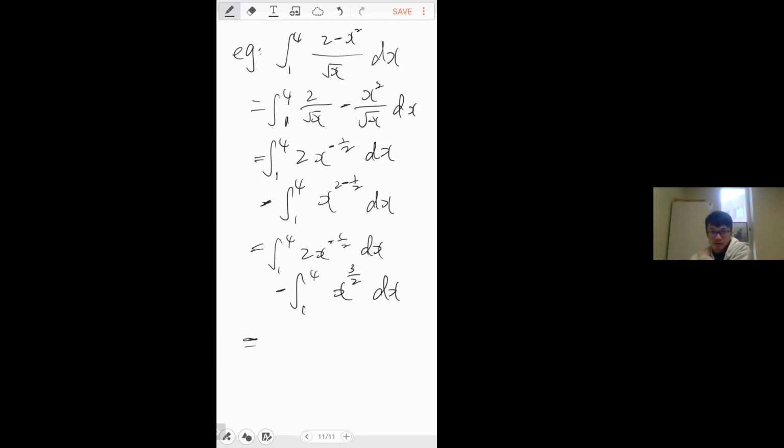So I haven't done the antiderivative yet. This is all before taking the antiderivative. And so next step, I want to find the antiderivatives of 2x to the negative 1/2 and the antiderivative of x to the 3/2. What is the antiderivative of 2 times x to the negative 1/2?